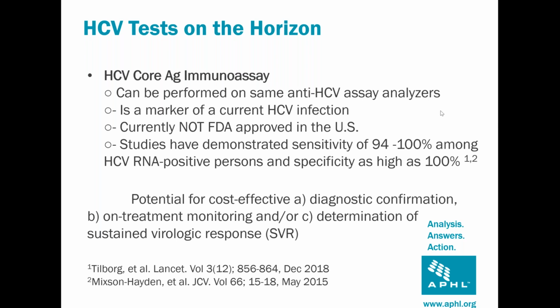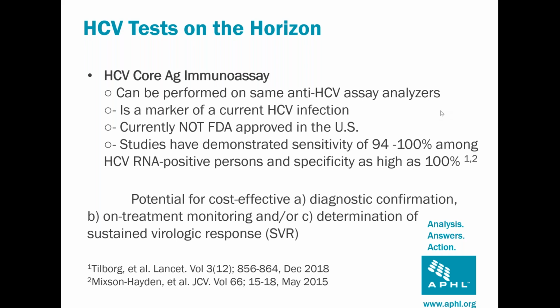And likewise, there are none that are FDA approved at this time in the US. But there have been several studies on the Abbott assay, which is probably the closest to the point of investigation and possible use.